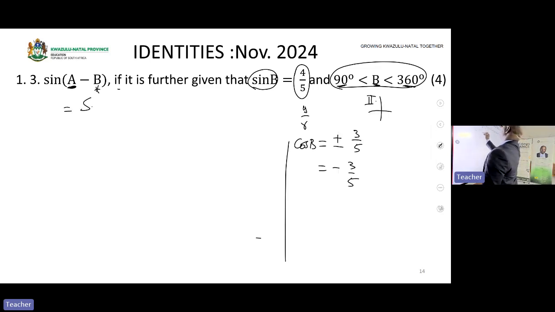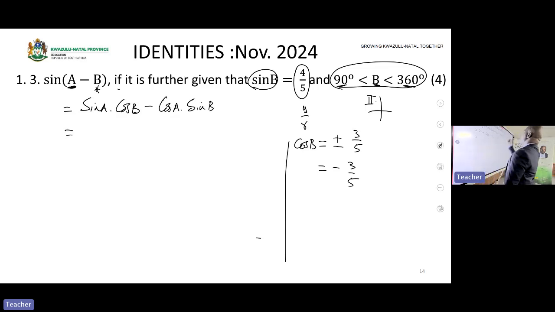This will be equal to sine of A times cos of B minus cos of A times sine of B. So what is sine of A? We calculated previously that sine of A was -4/5, times cos of B, which we just calculated, -3/5. Please put the parentheses so that you don't make any mistake.